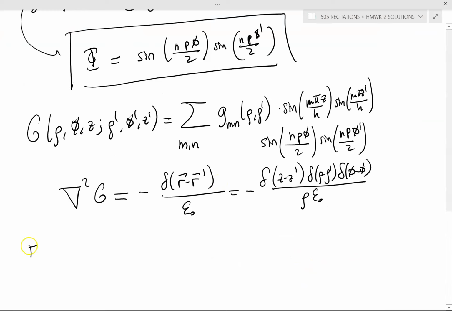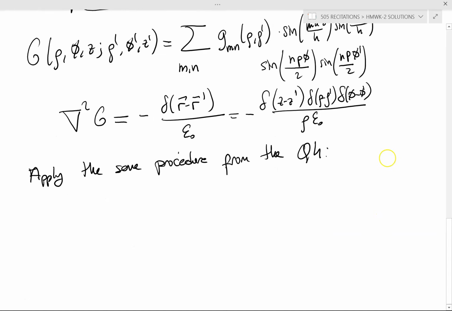Apply the very same procedure from the previous problem, from question 4. We end up with the following differential equation.